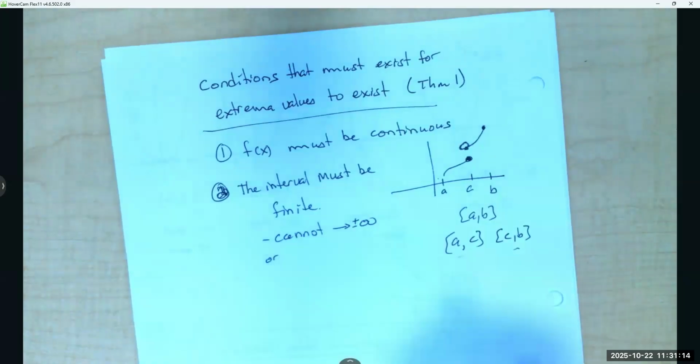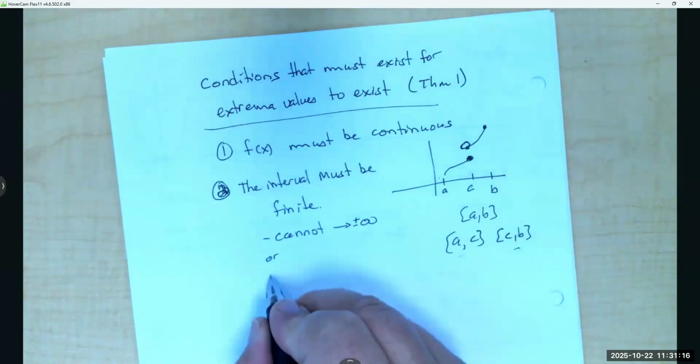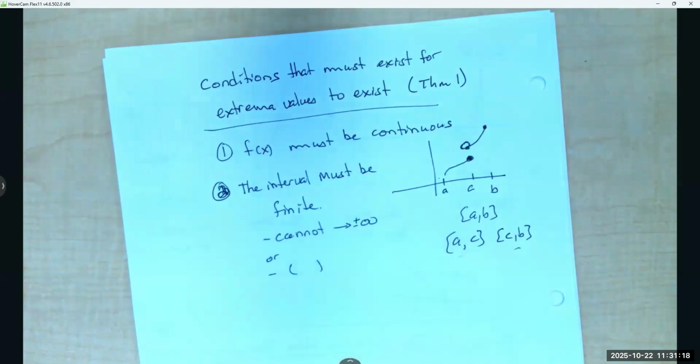Or what else? It cannot be open. But yes, that's true, it cannot be imaginary either. None of these examples we've ever seen are imaginary. Can you take a derivative of an imaginary function? You can't, because, well, you can think about it, but you can't do it.